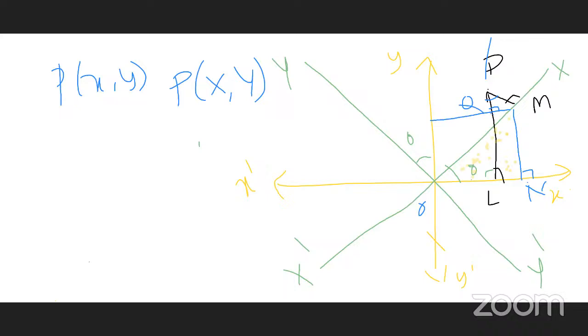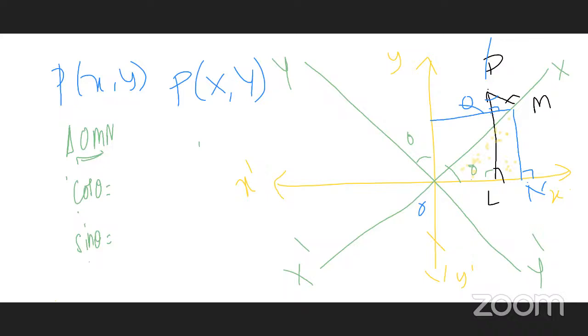If I take triangle OMN, find out what is cos theta and what is sin theta. What is cos theta there?